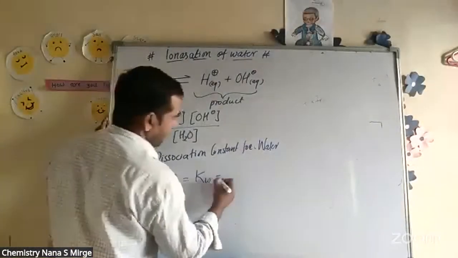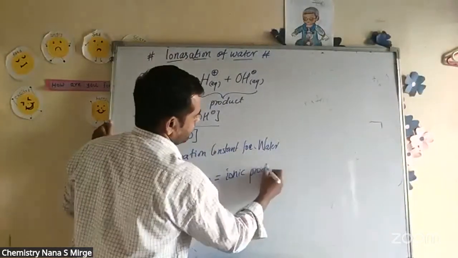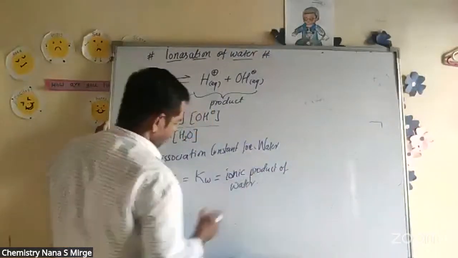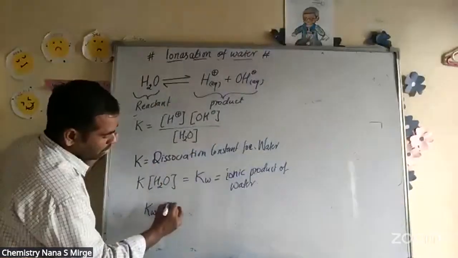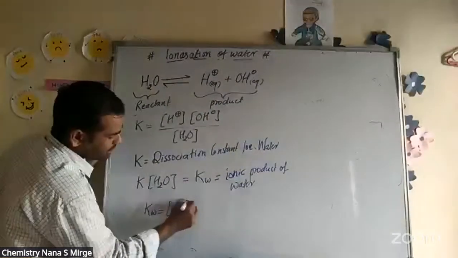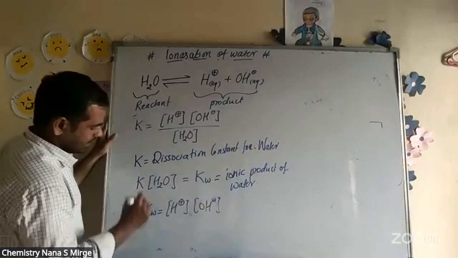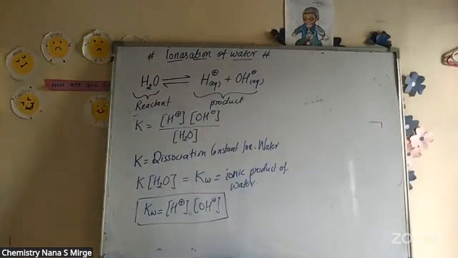This is called the ionic product of water. So Kw is equal to the concentration of H plus ion into the concentration of OH negative ion. That is your main equation. Did you get this equation?